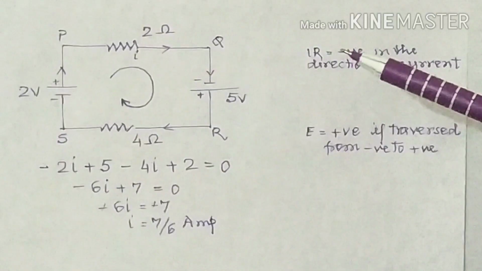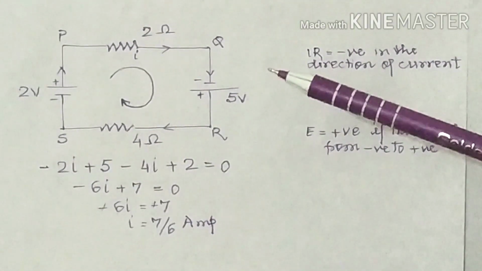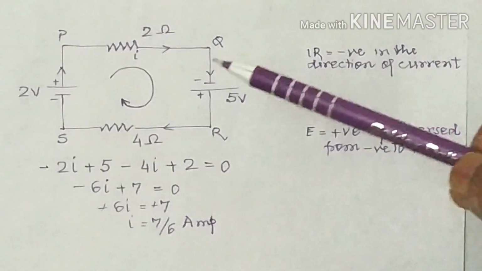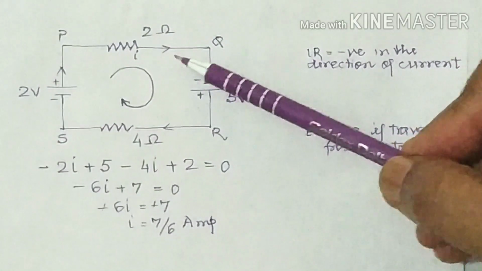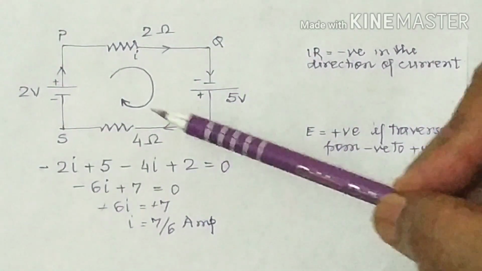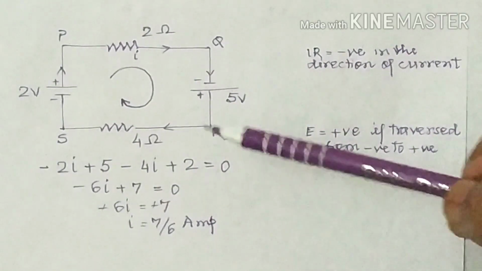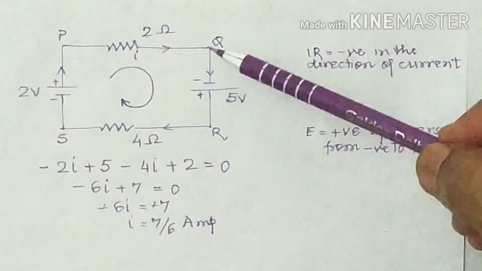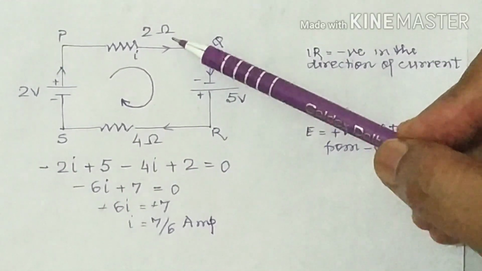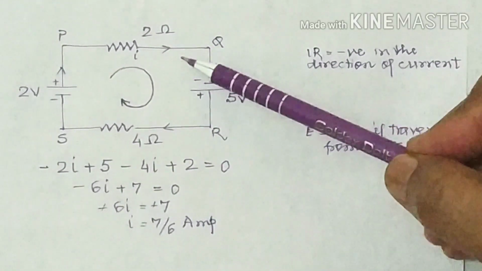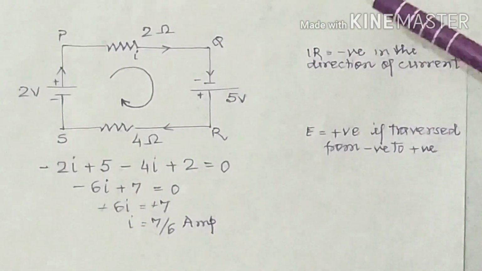If it is not given, then first of all we have to draw the direction. Let us say I have drawn the direction of current as shown by the arrow. I can draw the direction of the current in the other direction also. You can choose any direction.